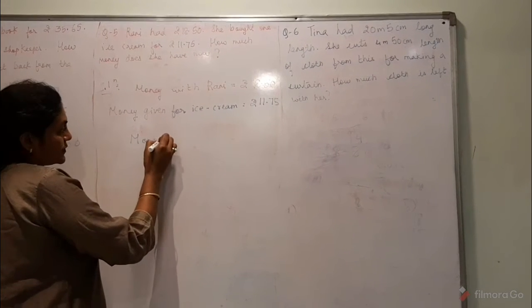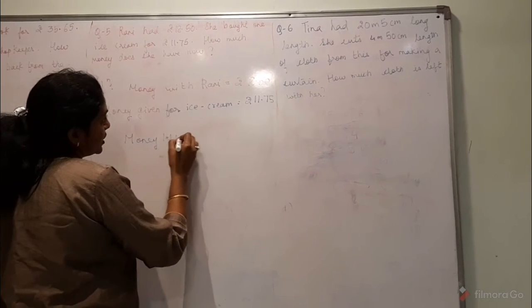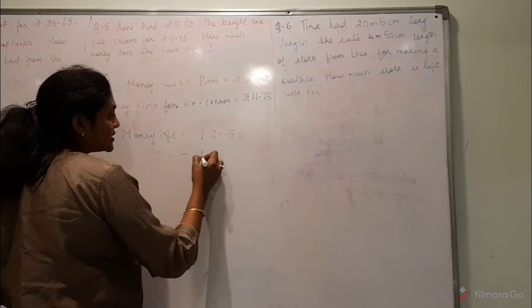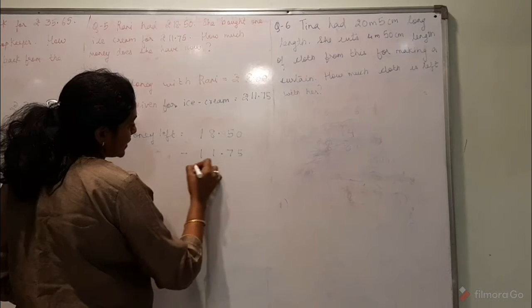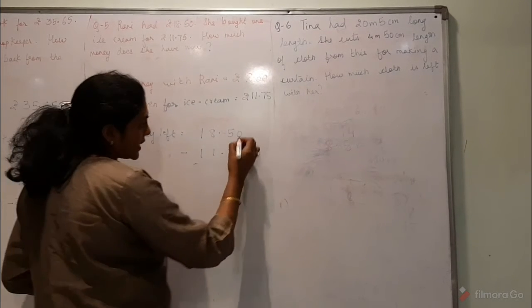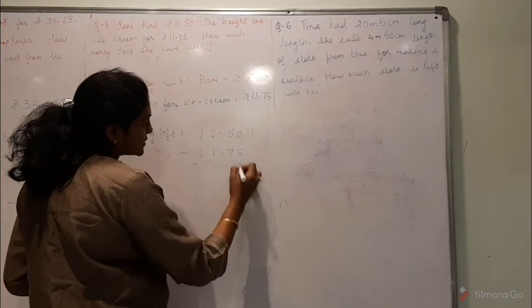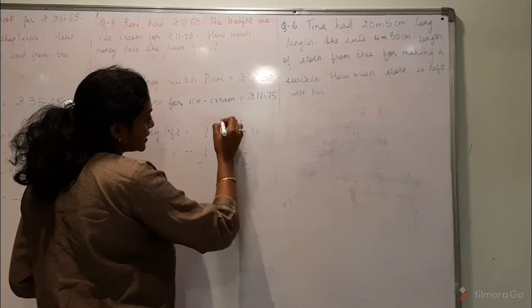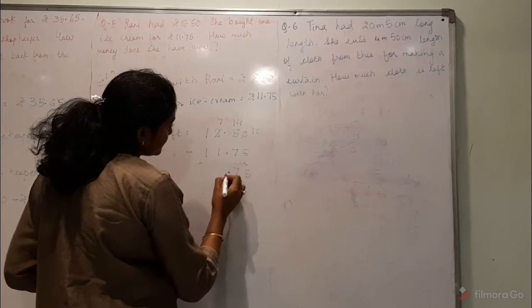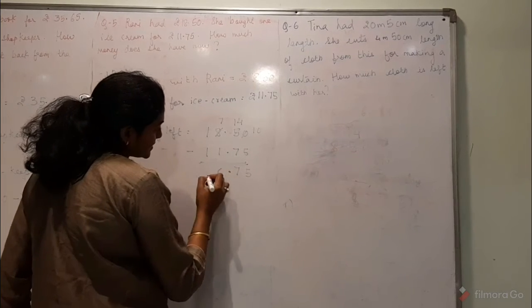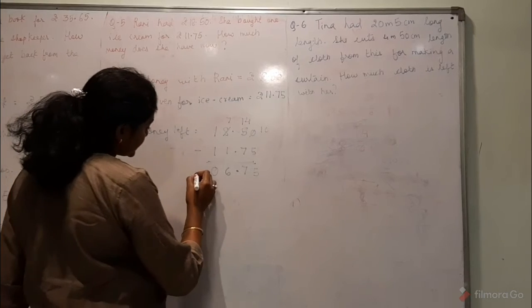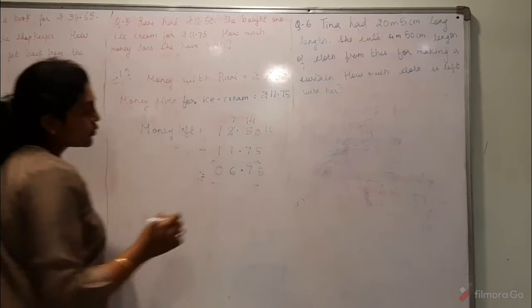So money left is equal to 18.50 minus 11.75. Now subtract, 10 minus 5, 5. 4 minus 7 is not possible. 7, 6. This is 0. So money she has is rupees 6.75.